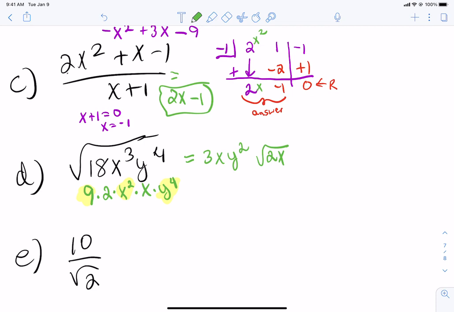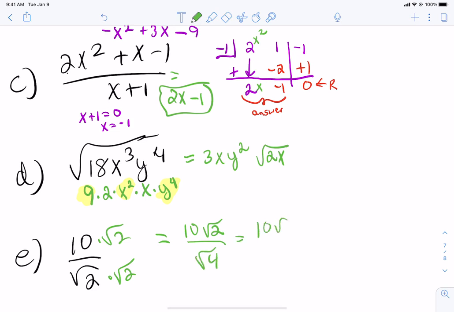E. That is a one that needs rationalized. We're going to multiply top and bottom by the matching square root, and then it actually becomes a pretty nice problem. It's not too bad. On top, it's just 10 times the square root of 2. Yeah, that's perfect. Now, on the bottom, square root of 2 times square root of 2 is square root of 4.